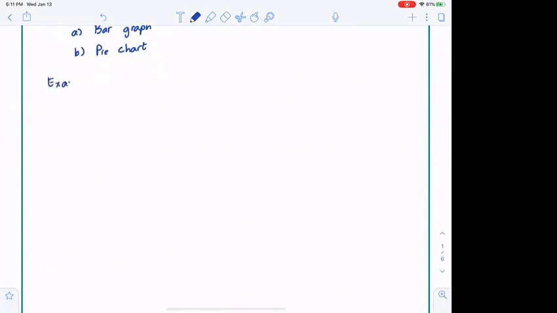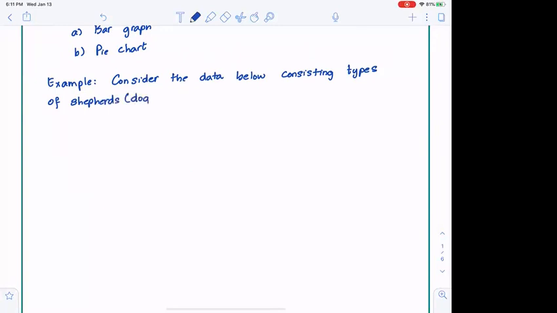So as an example, let's just consider the data consisting of types of shepherd dogs, let's say in a kennel.